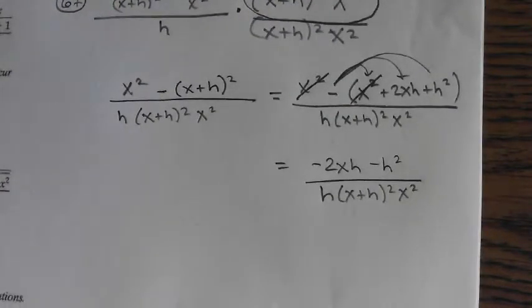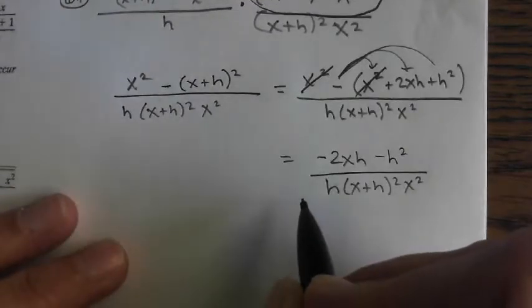And then once it's all simplified, you do want to explore factoring again in the event that something else can be simplified. The numerator is factorable by GCF. What can I take out? Negative h.